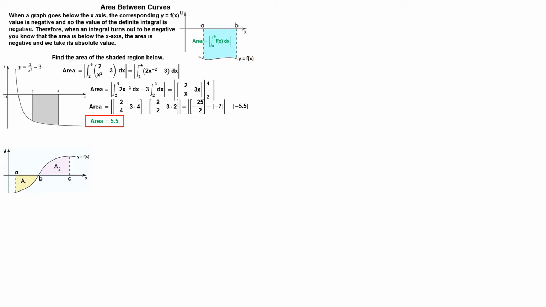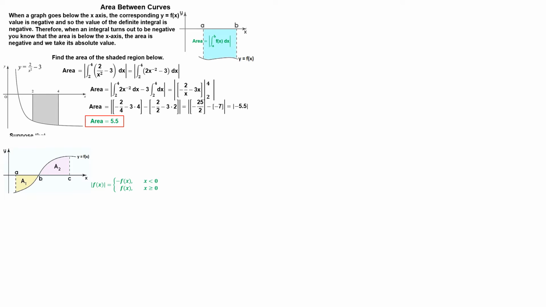When the curve crosses the x-axis at x equals b, the values of the function go from negative to positive, and the area between x equals b and x equals c has a positive value. Therefore, we consider the absolute value to ensure all of the enclosed area is counted as positive, and we use the following formula that joins these two results.